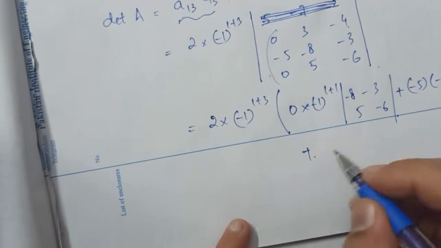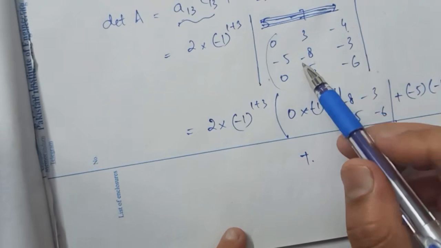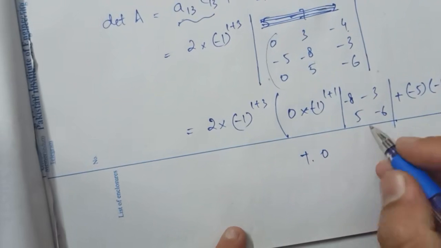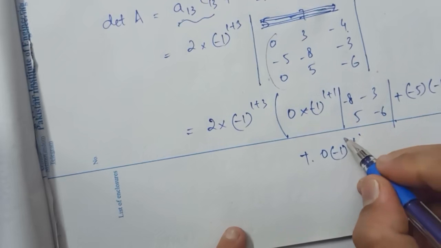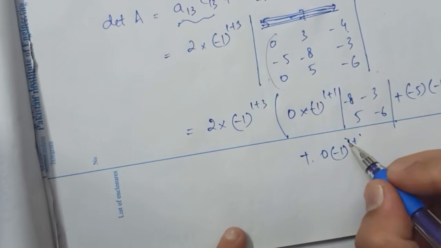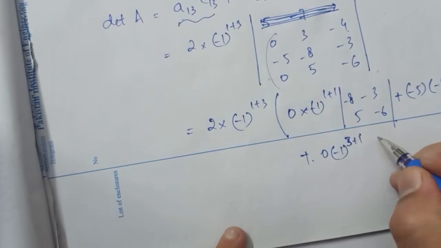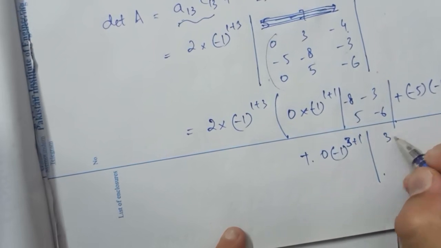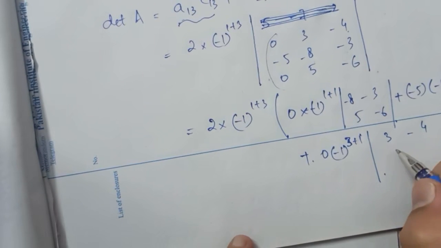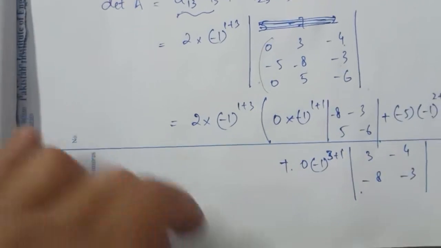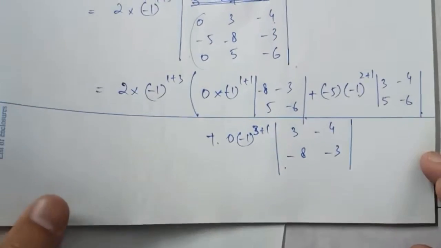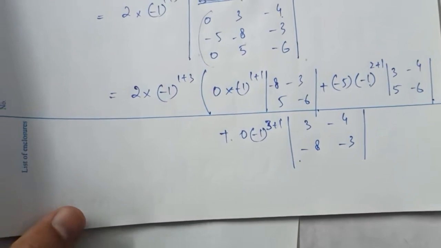And the last one here is again this 0, for this is minus 1 to the power 3 plus 1, so you get here the third row and the first column, and you get here 3, minus 4, and again you get minus 8 and minus 3, right? Sorry if some portion got blocked.